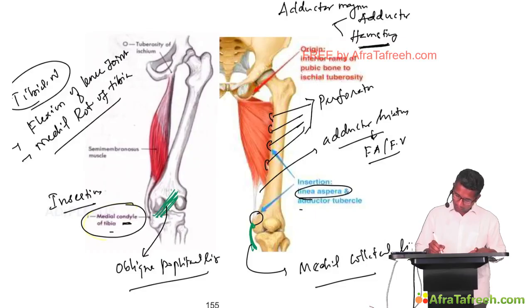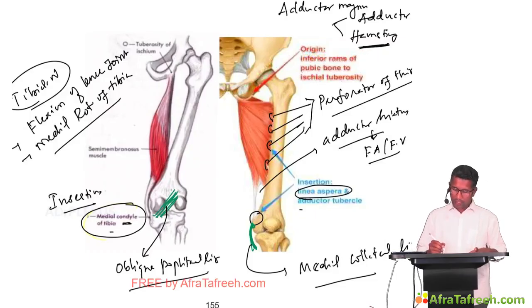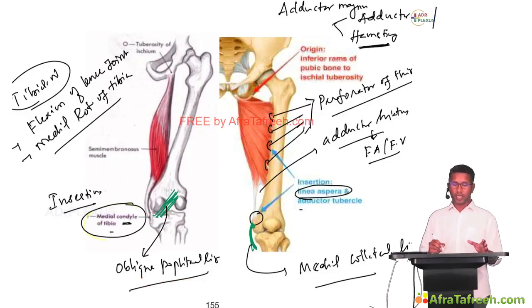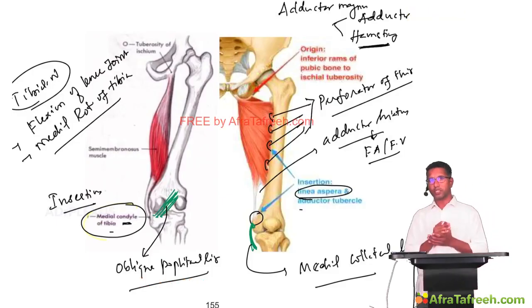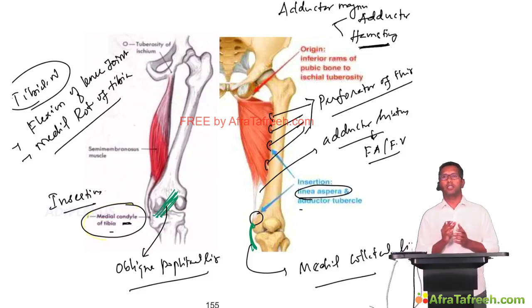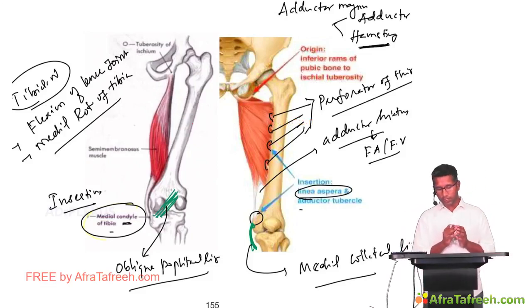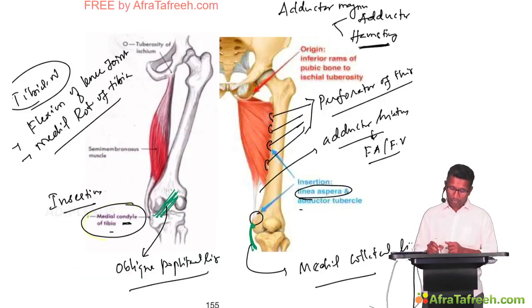The perforators of the thigh, which are all branches of the profunda femoris artery, pass through these openings in the adductor magnus and supply this region. So the adductor magnus muscle has several openings in it. These openings allow the passage of the perforators of the profunda femoris artery, and the last opening, the adductor hiatus, allows the passage of the femoral artery and femoral vein.